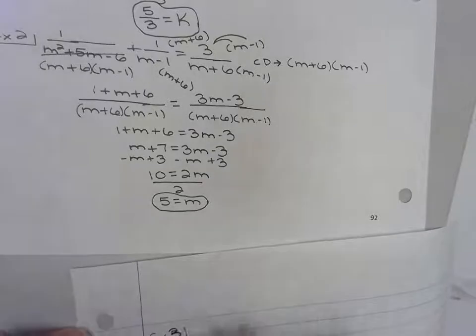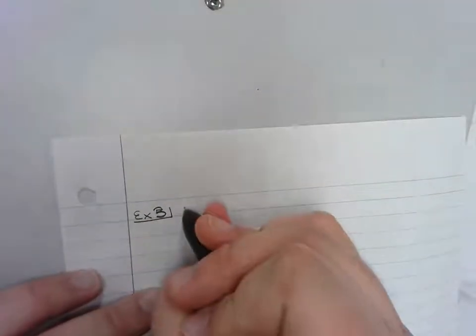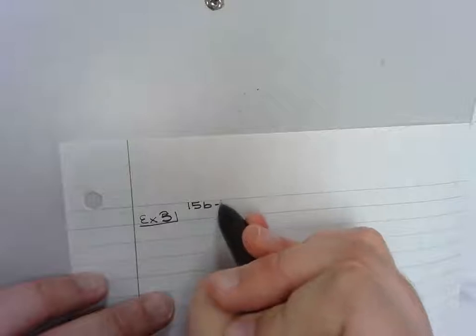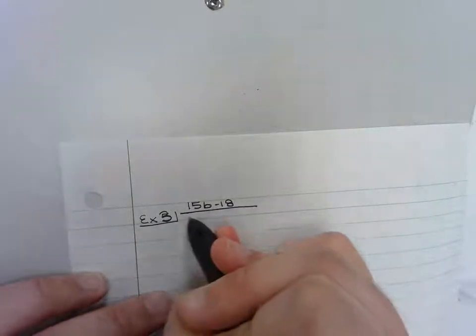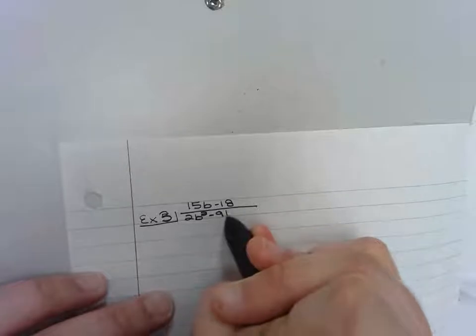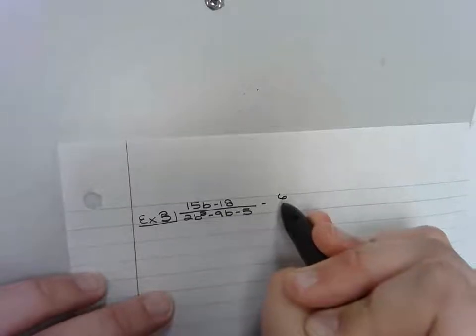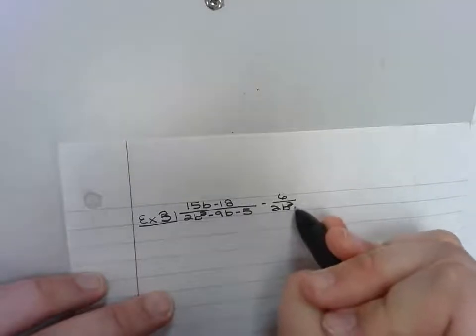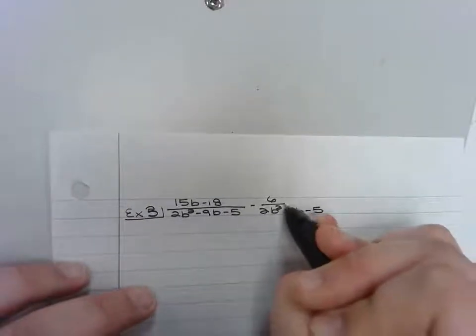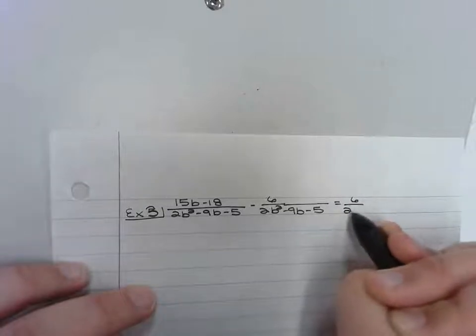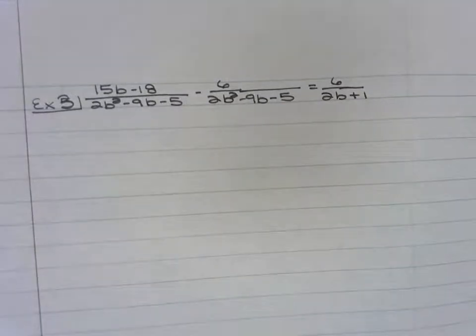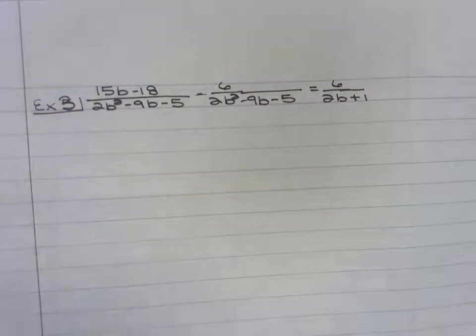We have (15b minus 18) over (2b squared minus 9b minus 5) minus 6 over (2b squared minus 9b minus 5) equals 6 over (2b plus 1). This is a rational equation.